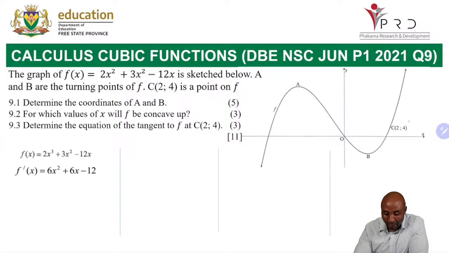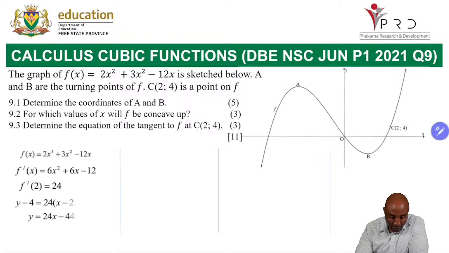At point C, our x is 2, so we substitute 2 there, and we get our gradient as 24. We use the equation of a straight line, or y is equal to mx plus c, and we get our equation as y is equal to 24x minus 44. So that is the equation of the tangent at point C.